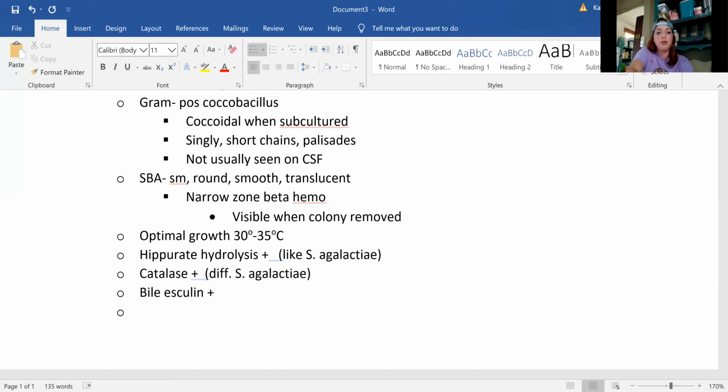And now an important differential feature is going to be a positive CAMP test. Now, when it says a positive CAMP, is it the same as your CAMP test where you use your Staph aureus to differentiate your streps? Have y'all talked about the CAMP test as far as Listeria goes?